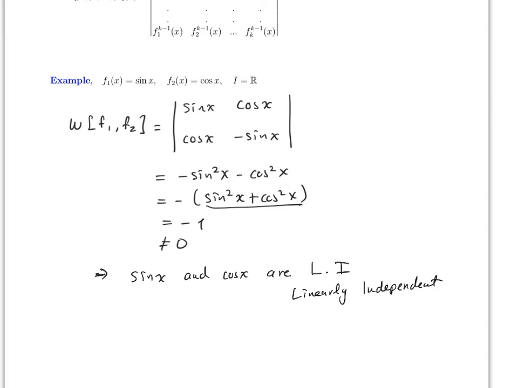Otherwise, you will have to solve it this way: c1 sine x plus c2 cosine x equals 0. And this is still possible, but it will be very, very messy. So this method is by far the easiest way to check if functions are linearly independent.